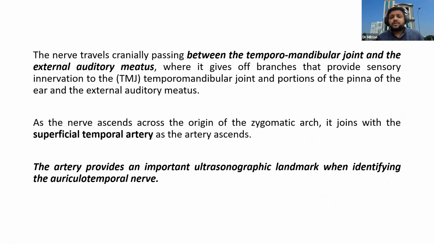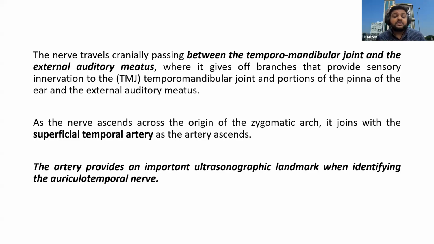Here the nerve gives the sensory supply to the temporomandibular joint. Many times patients come with temporomandibular dysfunction or pain. Sometimes even rheumatoid arthritis patients come with temporomandibular joint pain. Many times we give a temporomandibular joint injection, but the important part here is the auriculotemporal nerve.